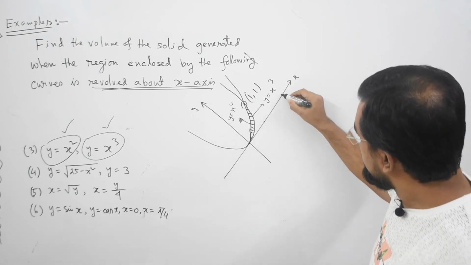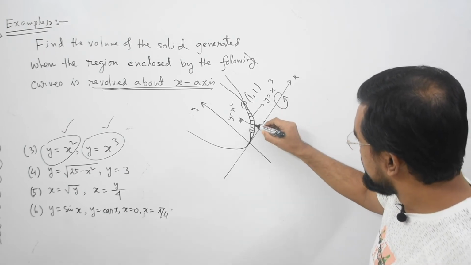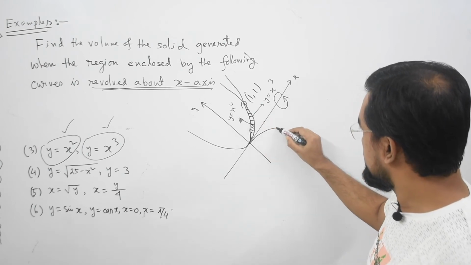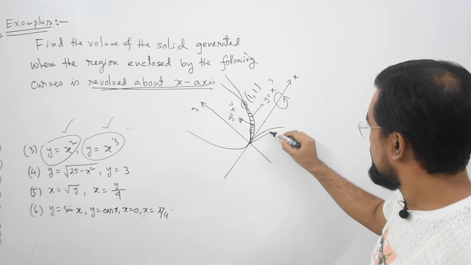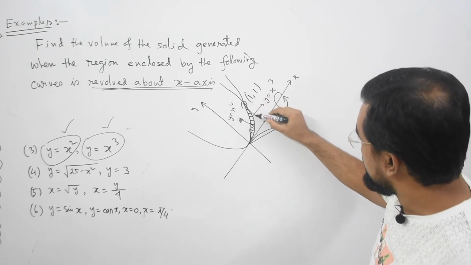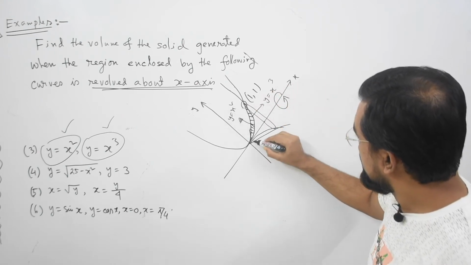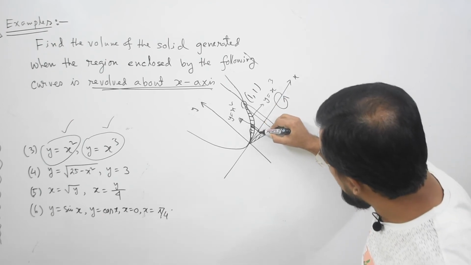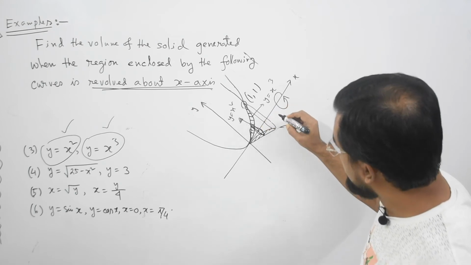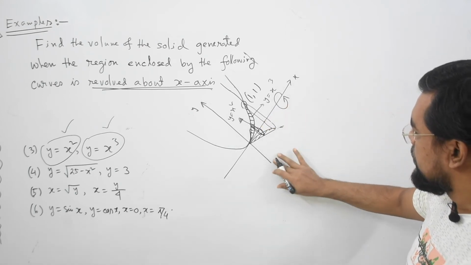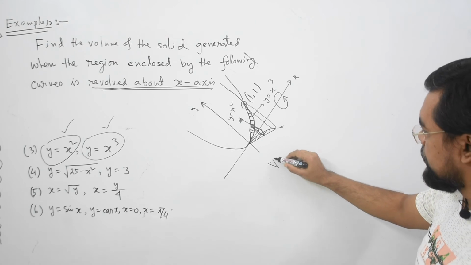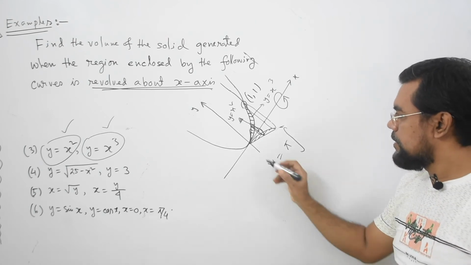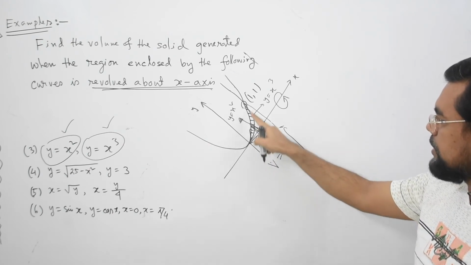So here if you revolve this region about the x-axis, then you will get a solid material, something like this. So now let us take a cross section here, and this cross section is perpendicular to the x-axis. So our volume formula will be this one, and x starts at 0 and ends at 1.